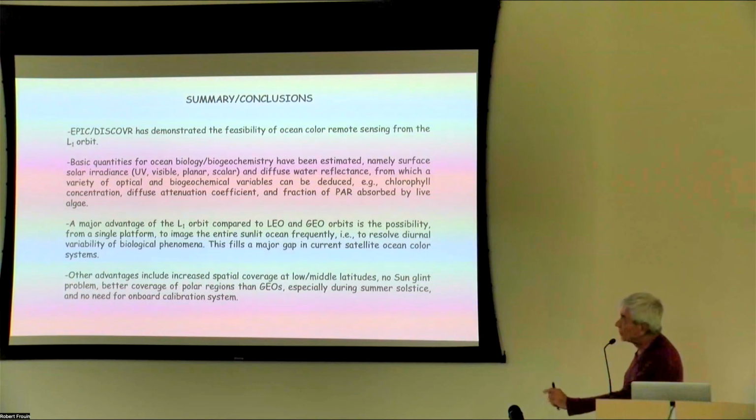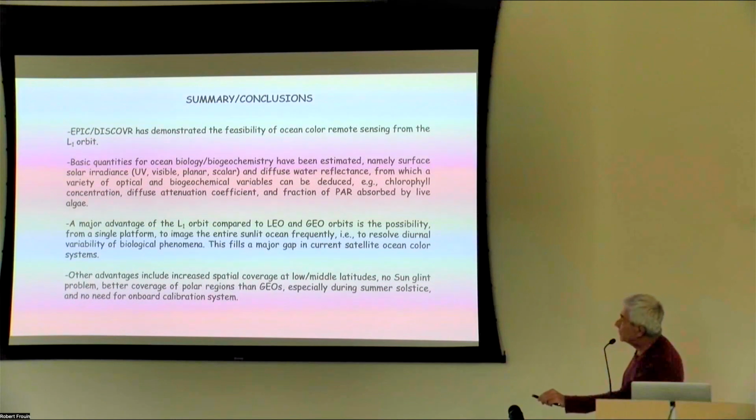Well, maybe "demonstrated" is a big word, but definitely you can develop basic quantities for ocean biology and biogeochemistry, like solar radiance and diffuse reflectance, from which you can derive a bunch of things. Here I show chlorophyll concentration, but you can do the diffuse attenuation coefficient, and you can do the fraction of phytoplankton.